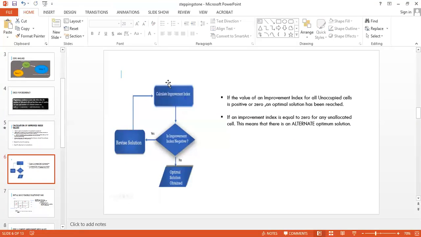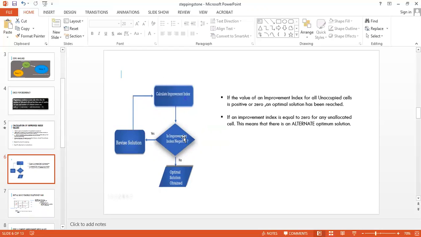Now we have found the various improvement index values for all the unoccupied cells. Now we have to check whether those improvement index values have any negative values. If there are negative values, then we have to revise the solution, which means we have to compute the improvement index values again until all the values become positive.